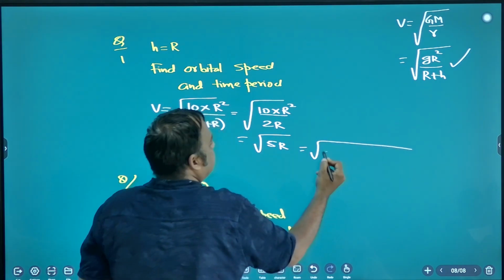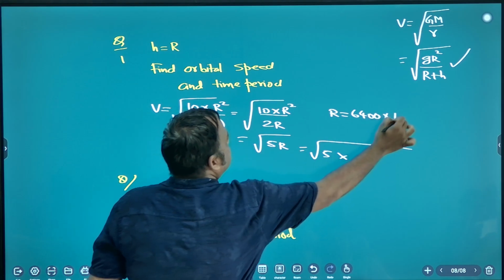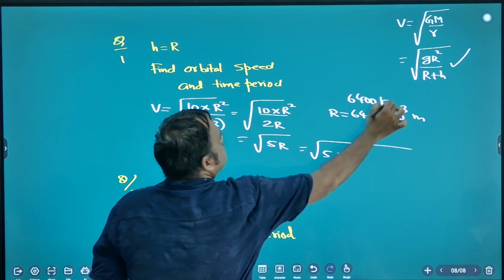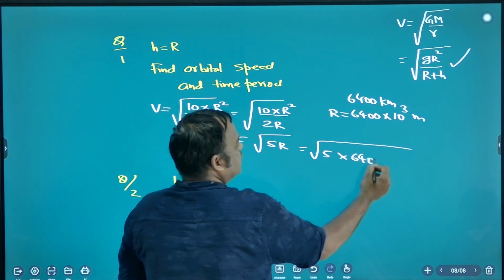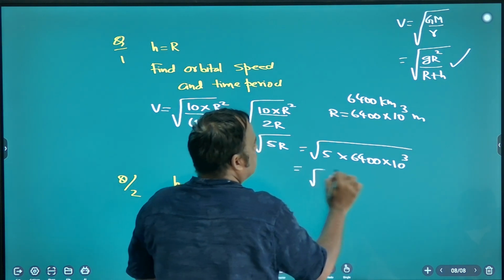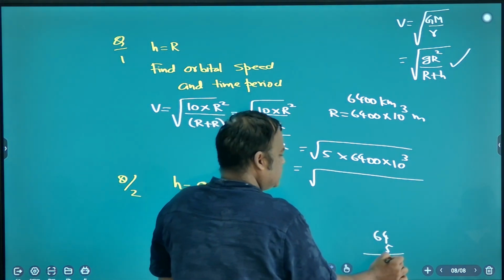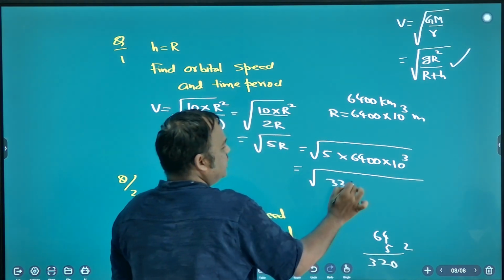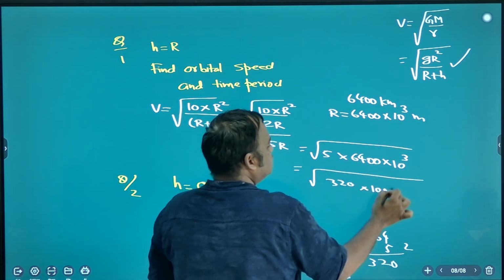Now this is 5. Now radius you know 6400 kilometer. Convert in meter. 6400 into 10 raised to 3. So now you solve this. Approximate answer, we will get 64 into 5, so this is 320 into 100 into 10 power 3.